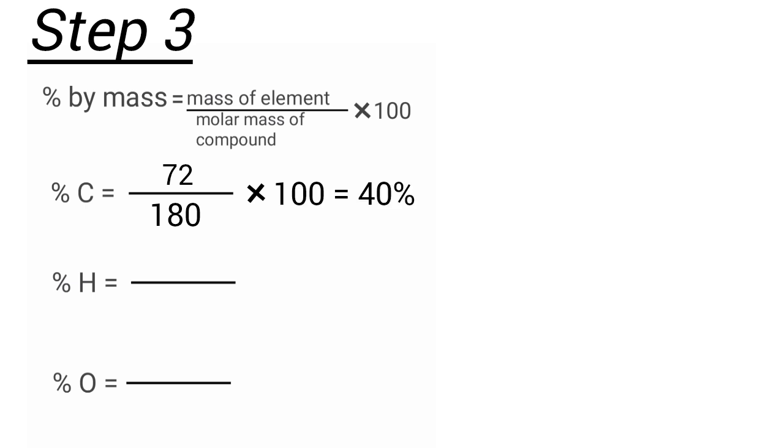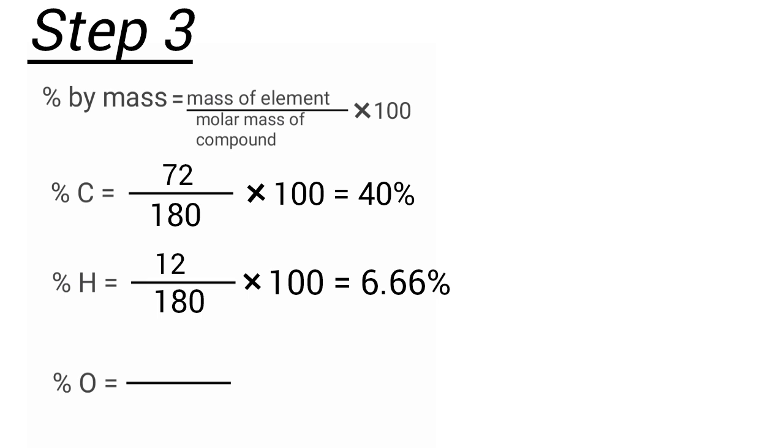For percentage of hydrogen, we have mass of hydrogen over molar mass of glucose times 100. So that is 12 over 180 times 100, and that is 6.66%.